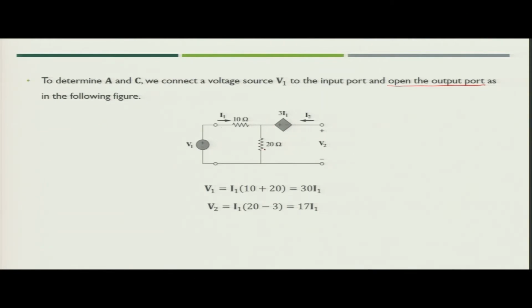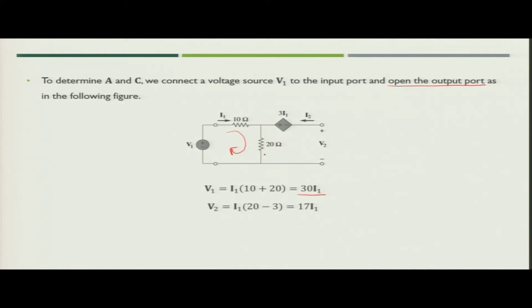From this figure, if you see, I1 is flowing in this particular loop, so you can simply say V1 is nothing but equal to I1 into 10 plus I1 into 20. So, V1 you will get in terms of I1 as 30 I1. Similarly, for V2, what will you write? V2 is applied across the dependent voltage source as well as across the 20 ohm resistance. In this 20 ohm resistance, the current flowing is I1.